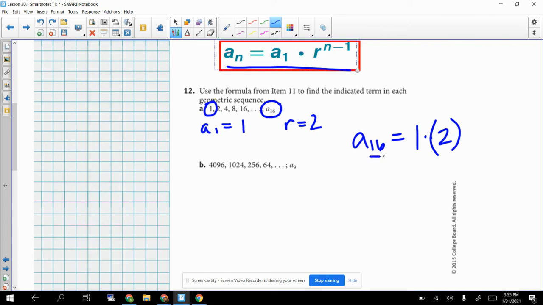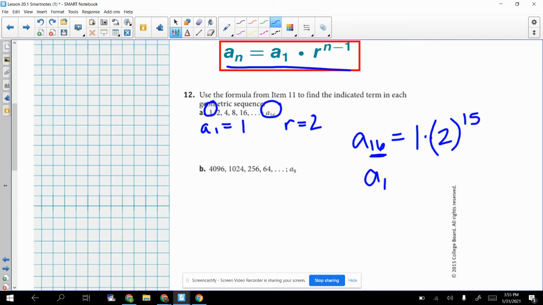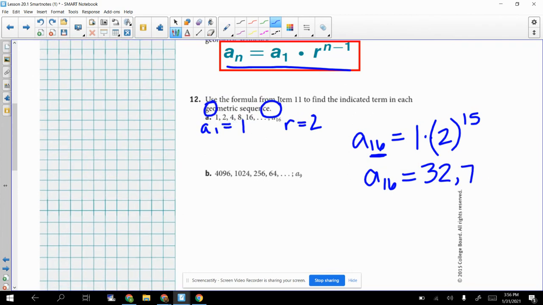And then just remember you're doing whatever this number is, but minus 1. So 16 minus 1 is going to be 15. So then you would plug that into your calculator. 1 times 2 to the 15th. And in your calculator, I would use those parentheses. And you're going to get a pretty big number. You're going to get 32,768. Okay.